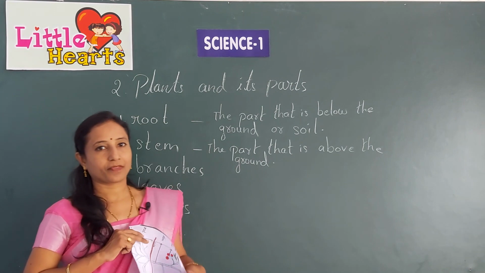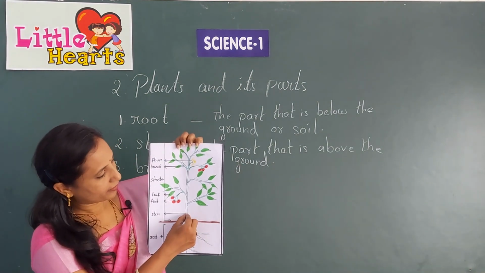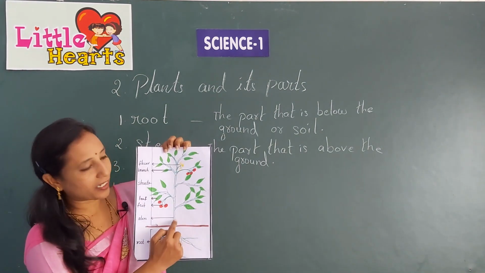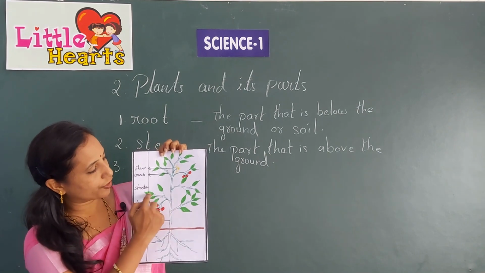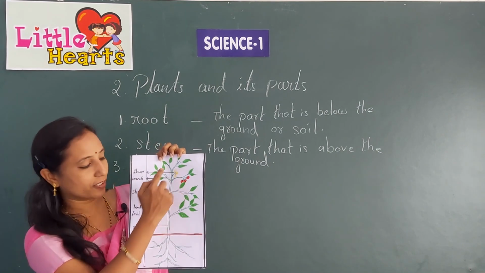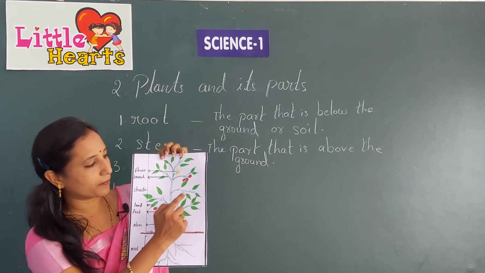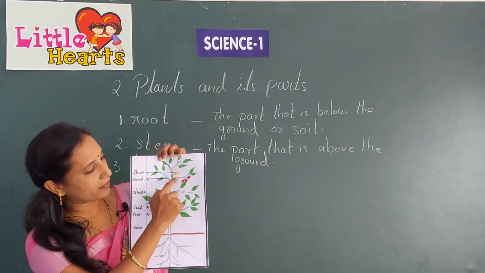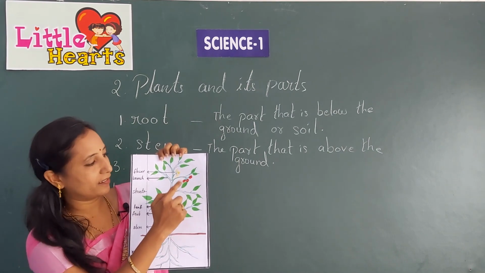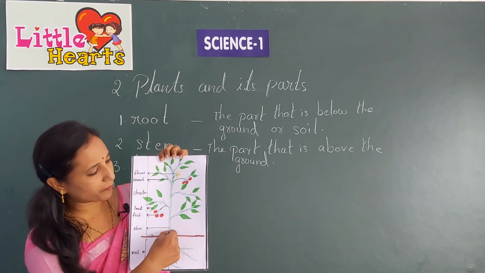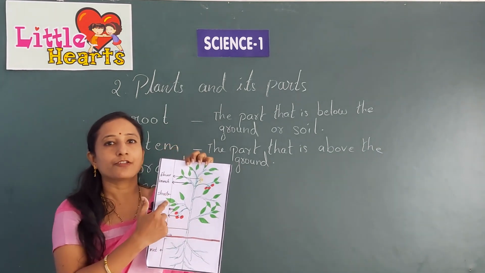See here, this is the stem. The stem consists of the branches, these are the leaves, these are the flowers and these are the fruits. So, this stem holds all these parts together.